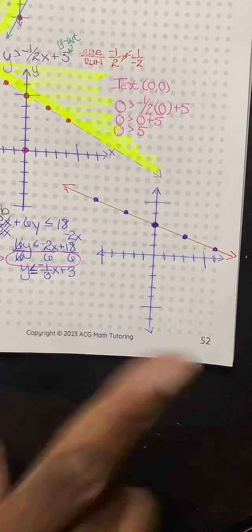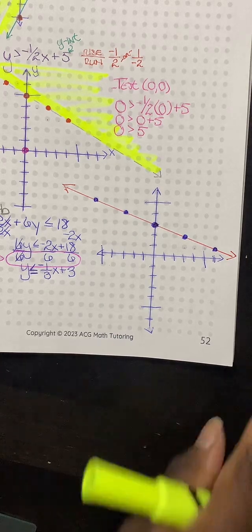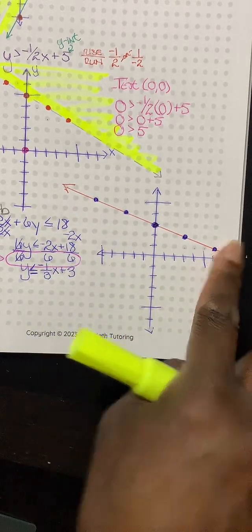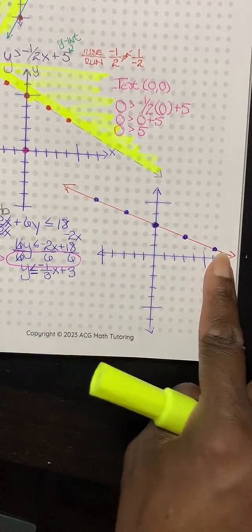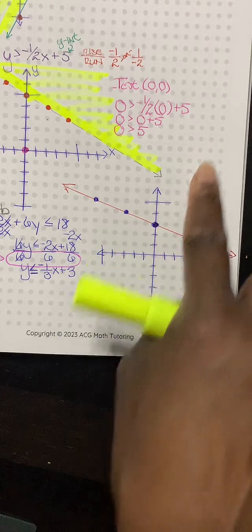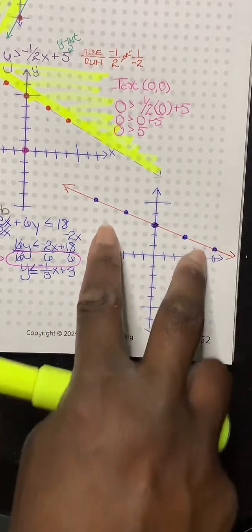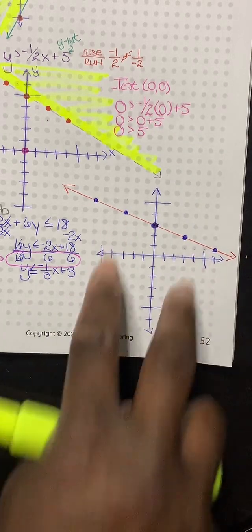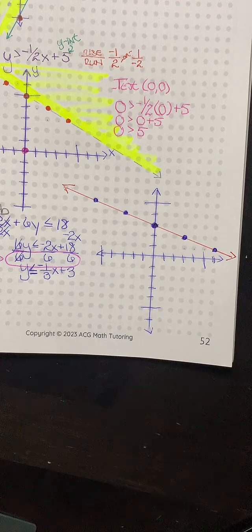Now, we got our line. Which way are we going to shade? Are we going to shade above or below? I know it's above by the way it's being angled, and it seems like it's going all the way up to positive infinity. This one is covering everything down, mostly all the way to negative infinity, based off of the y-axis.